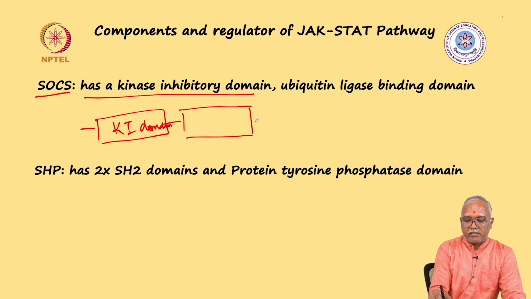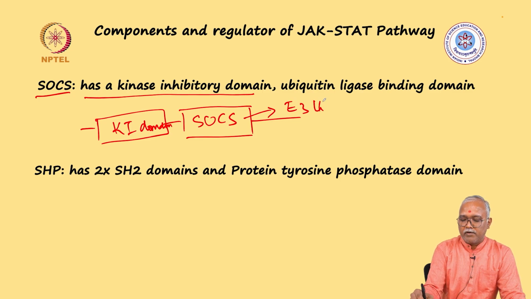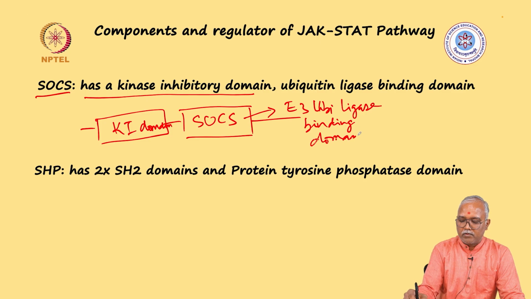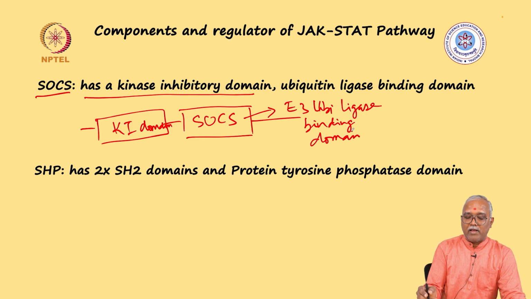Then in addition it has the SOCS domain, which has an E3 ubiquitin ligase binding domain, and this domain will allow the ubiquitination of the molecule to which it is binding.